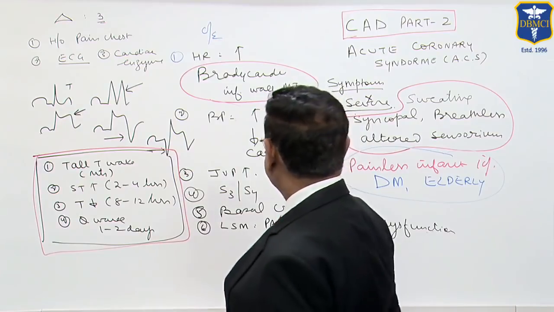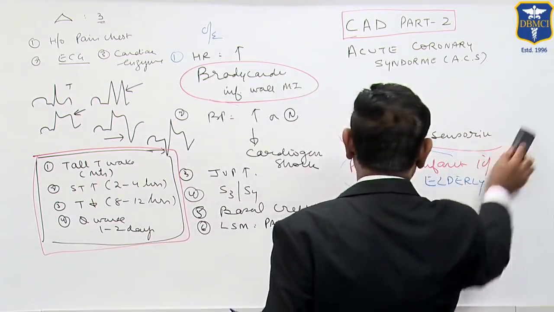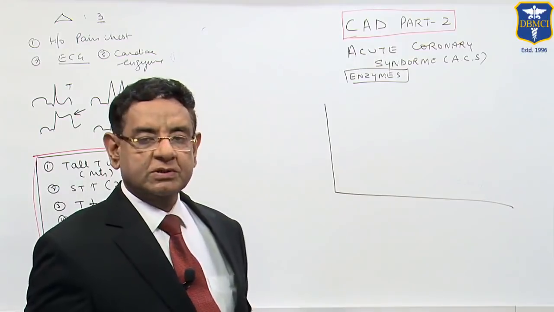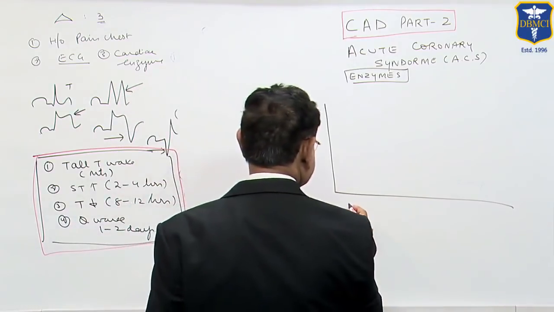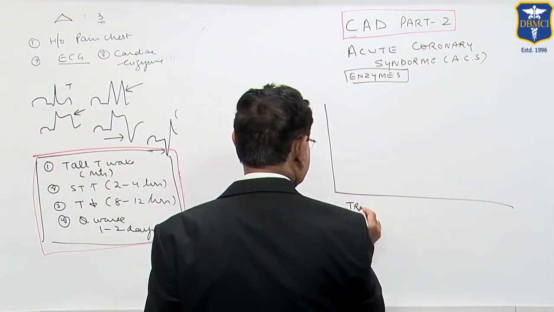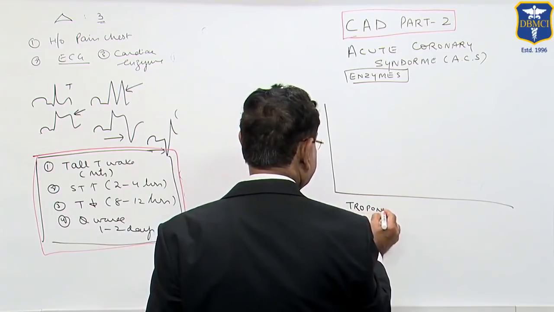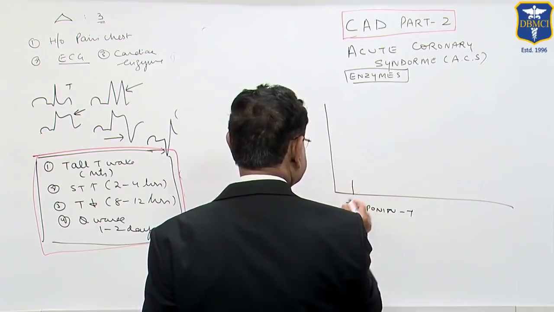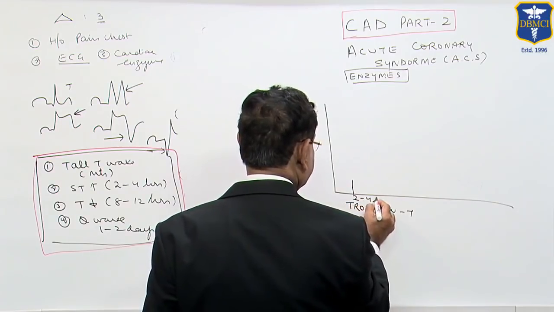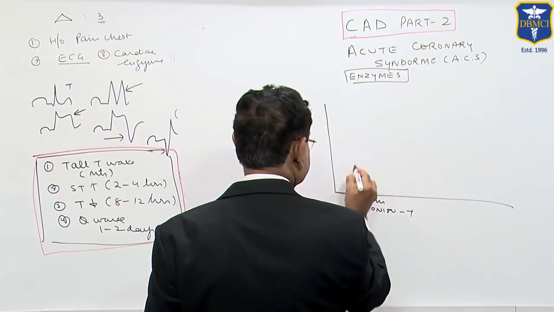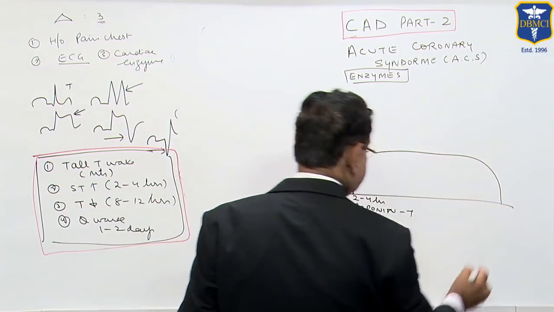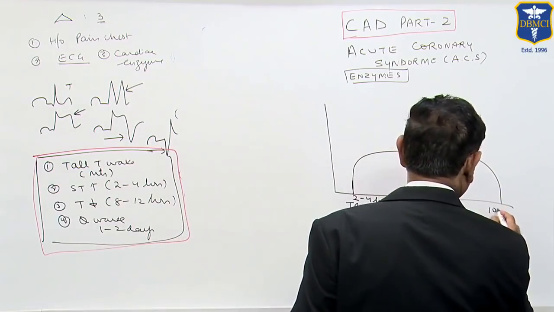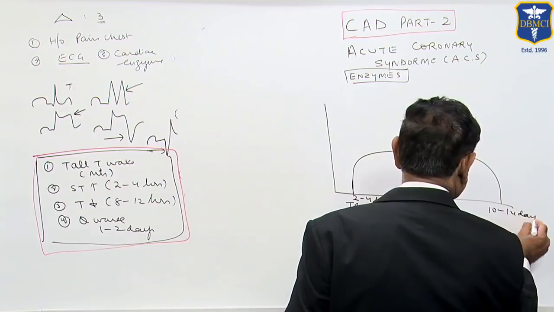Then we talk about cardiac enzymes. Almost the first enzyme to rise is troponin T. It starts rising in 2 to 4 hours, and it stays there for about 10 to 14 days.